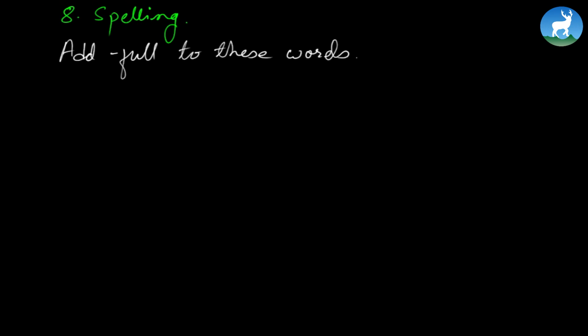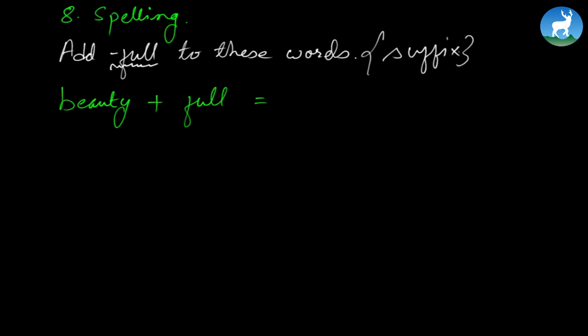Now, having these three done and with the hint provided right here, you can of course do the rest yourself. And we have here number 8, spelling, and it says add full to these words. Beauty plus full. Our only objective here is to add this suffix, full, at the end of the word.